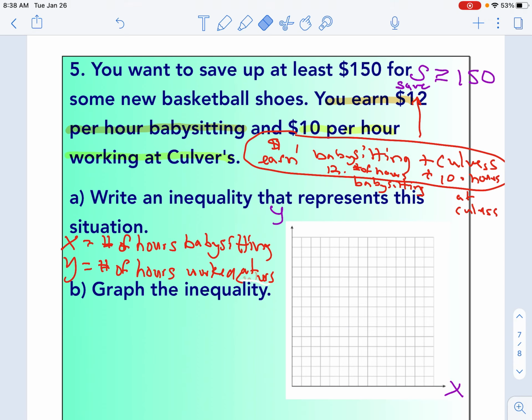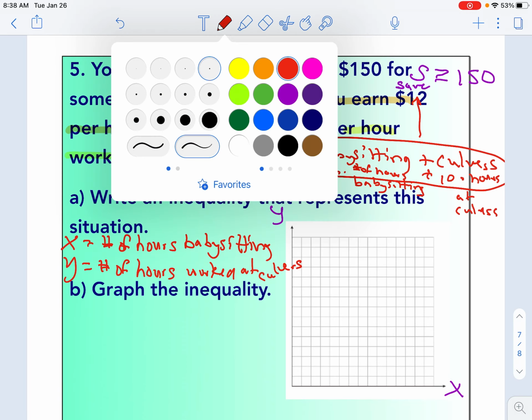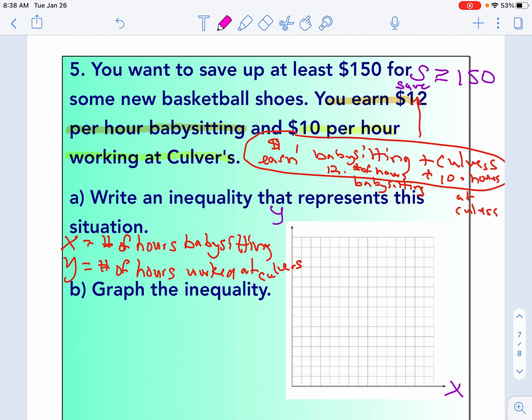Okay, so now we can go ahead and turn this into a complete equation by taking the savings.